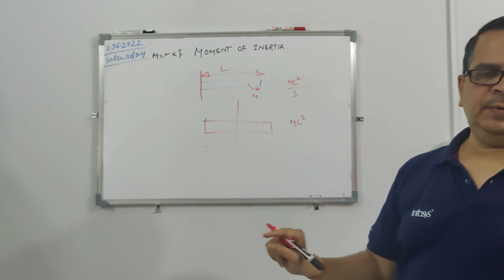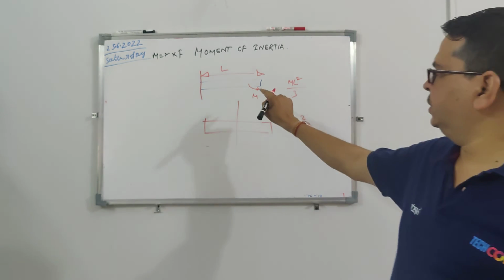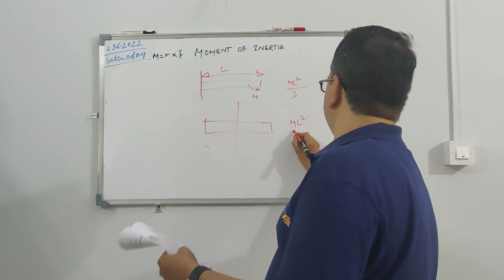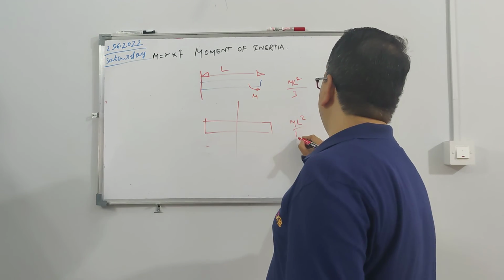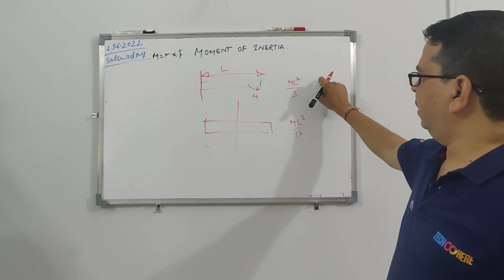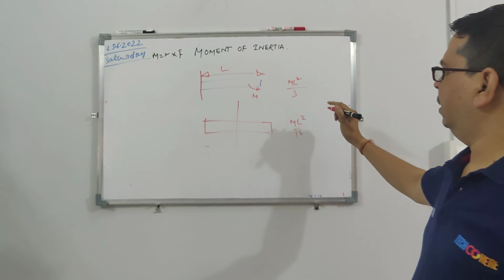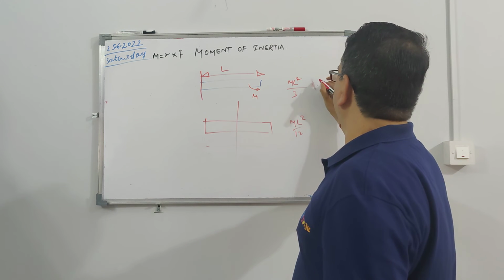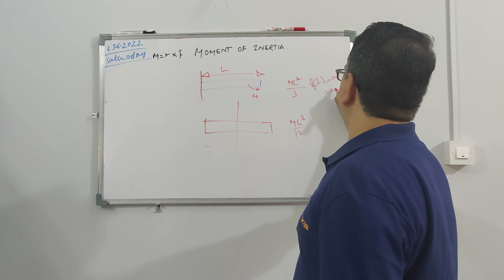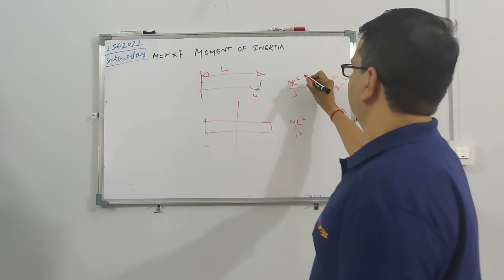If it is mass moment of inertia, it will be kg meter squared. So here the mass is m, L squared by 3, whereas about this axis, it is mL squared by 12. Both units are kg meter squared, because of length squared.